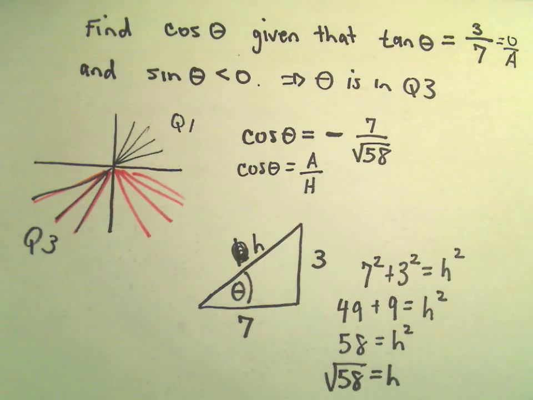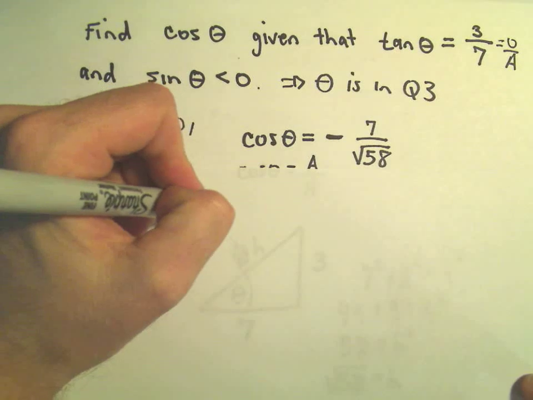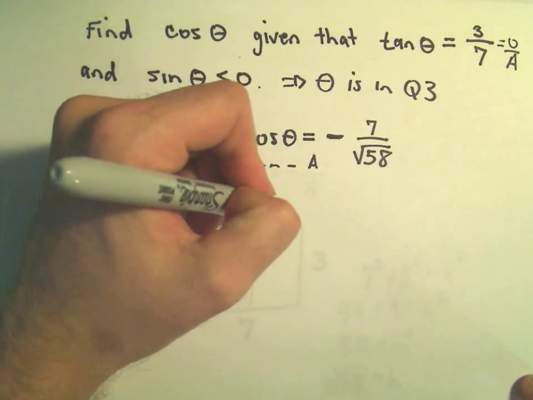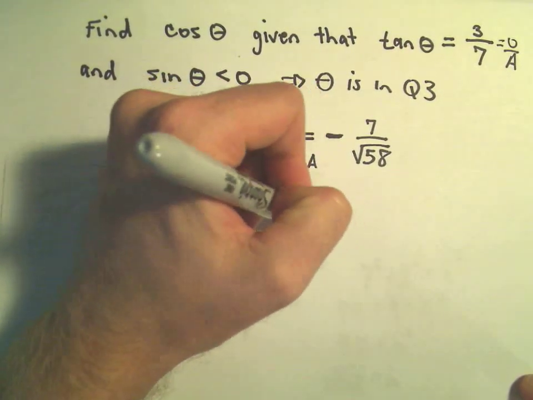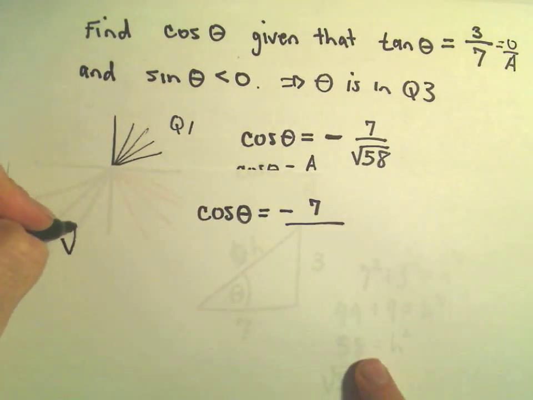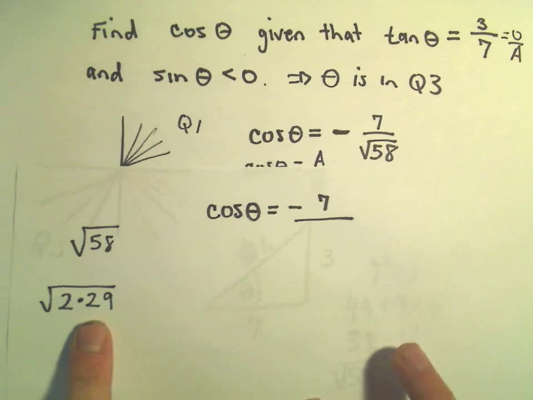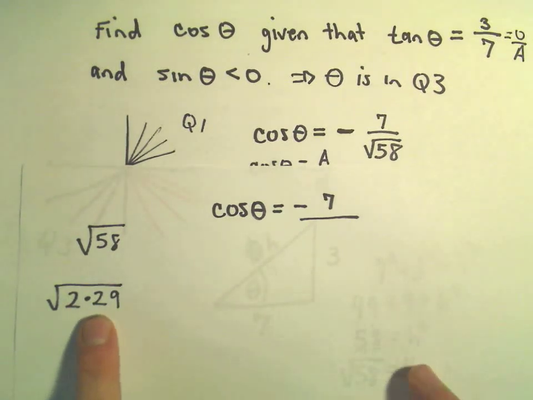A couple things, again, sometimes people will want you to simplify this down, get rid of the radical. Let's see, so cosine of theta is negative 7 over the square root of 58. Can we really simplify the square root of 58? Two numbers that multiply to 58 would be 2 and 29. Well, 2 and 29 don't factor any further.